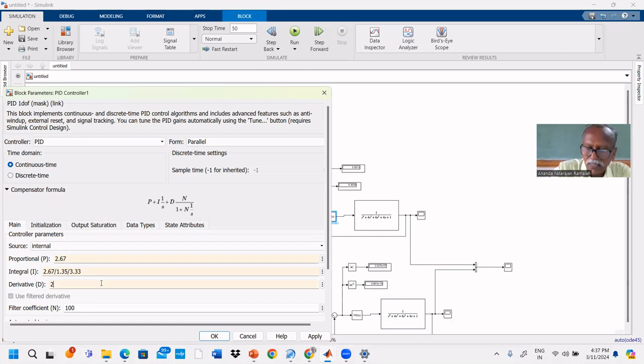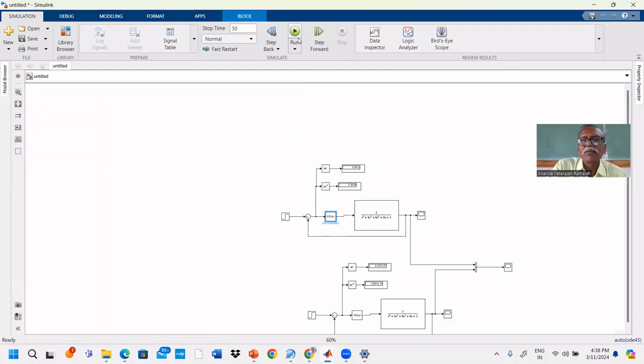Here 2.67 multiplied by TD equal to how much? Divided by 8, you know, and divided by 2. Here KC multiplied by TD, TD equal to how much? Multiplied by 0.5, 0.675. Okay. These are the tuning parameters for the PID controller.